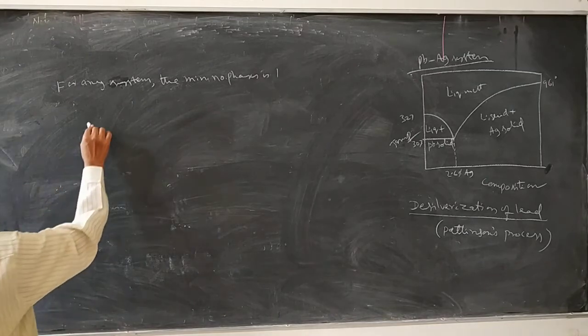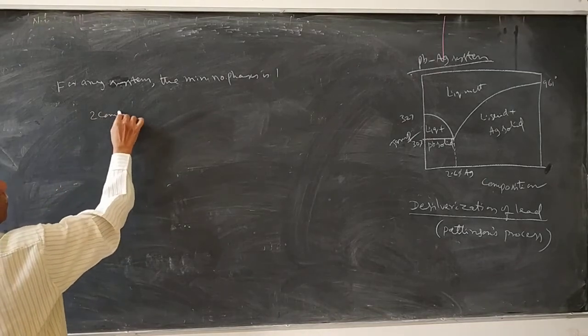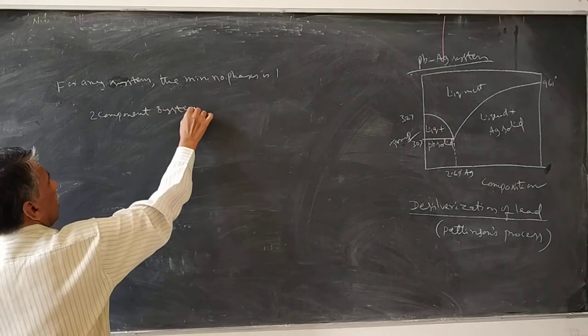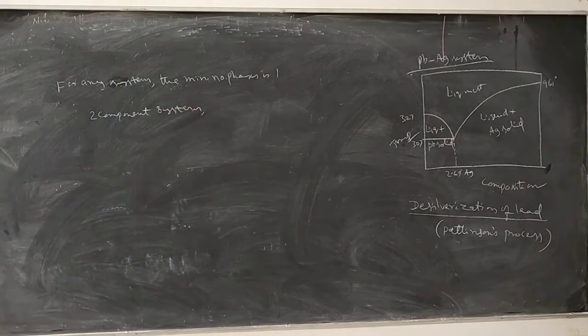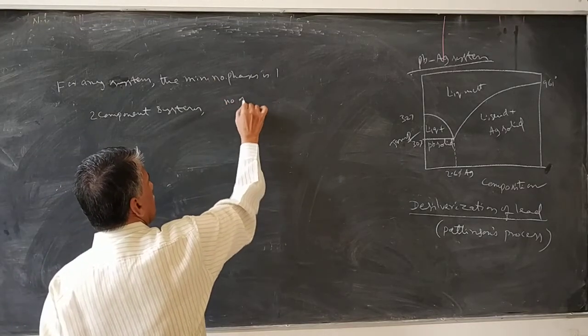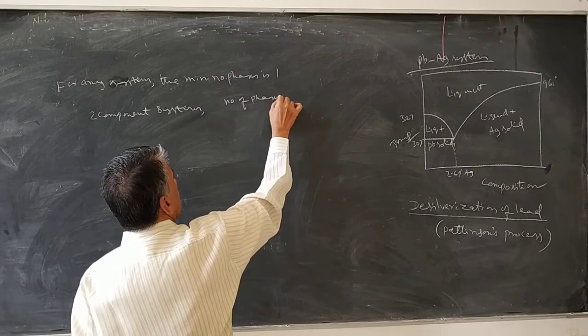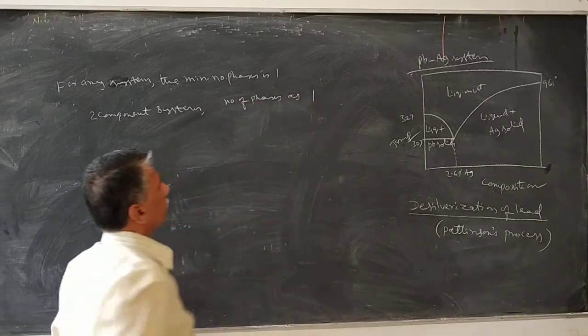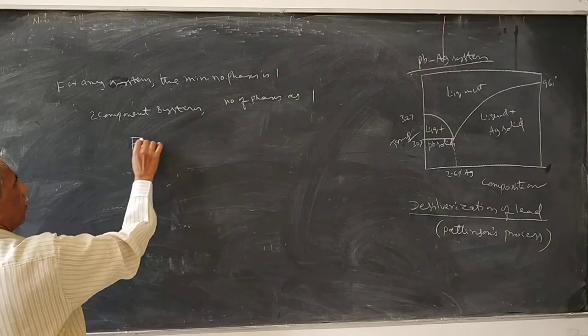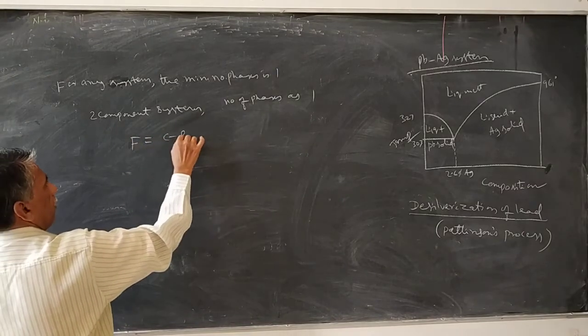Suppose I select a two component system, and if I take the number of phases as 1, then the degrees of freedom F is equal to C minus P plus 2.